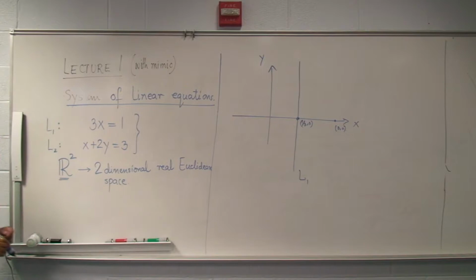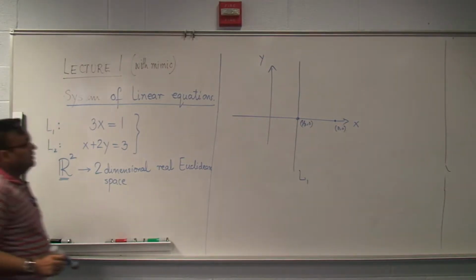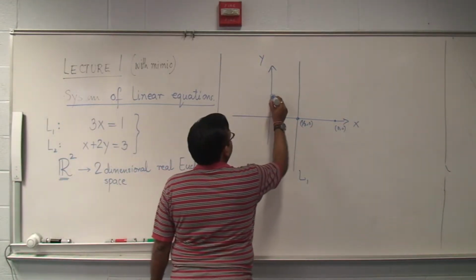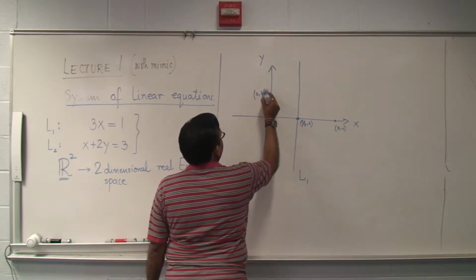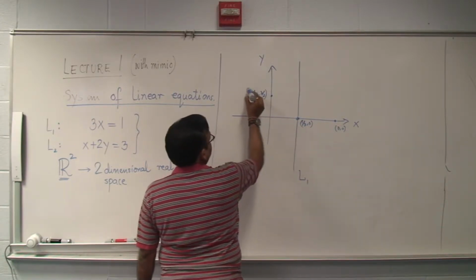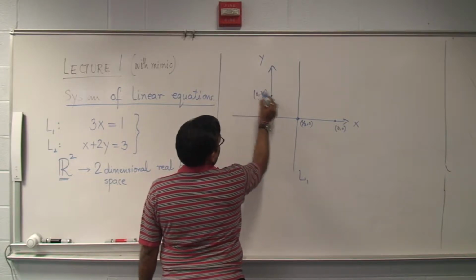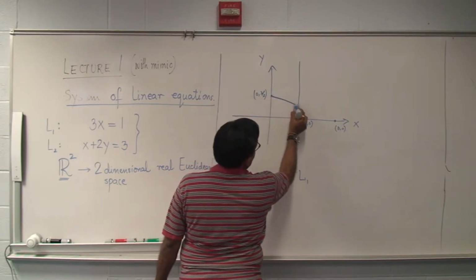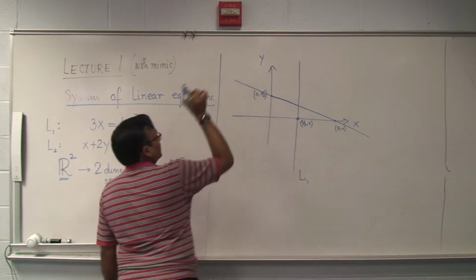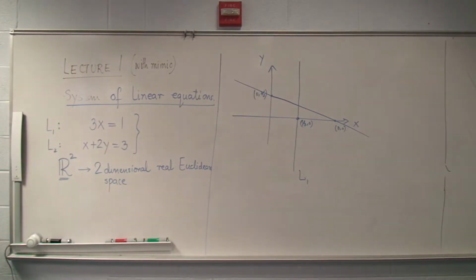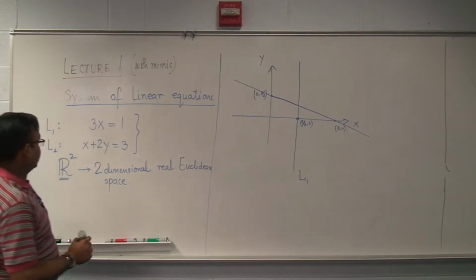And when x is 0, y is 3/2. So it cuts the y-axis at, say, the point (0, 3/2). I'm not drawing this to scale deliberately, just to prove a point that we are only interested in a geometrical interpretation which can help us build or see into its algebraic interpretation.